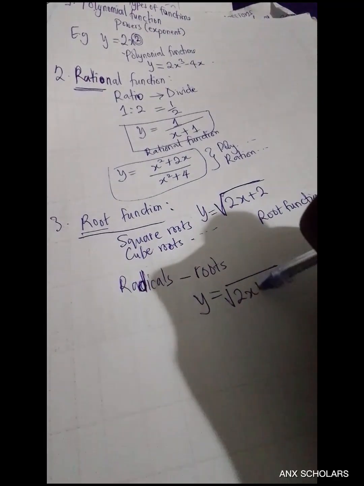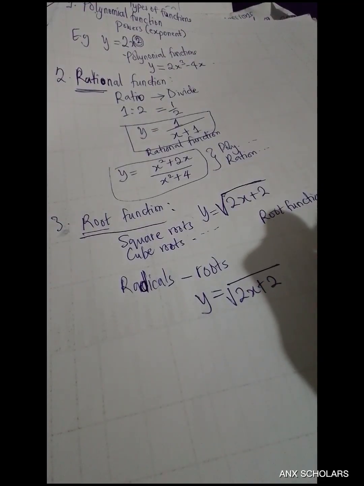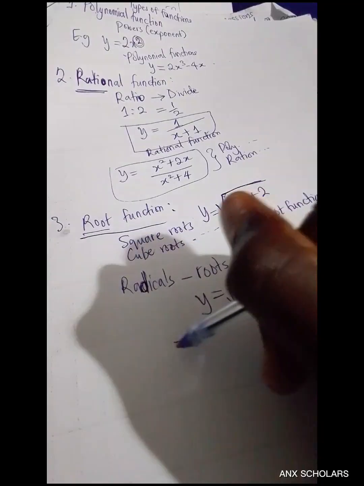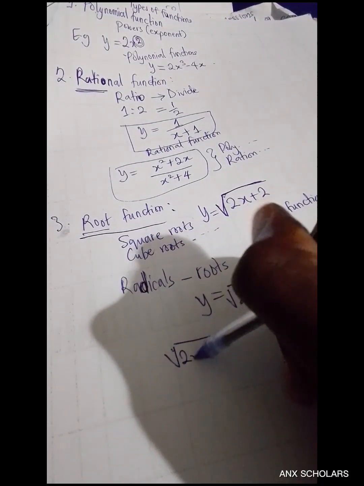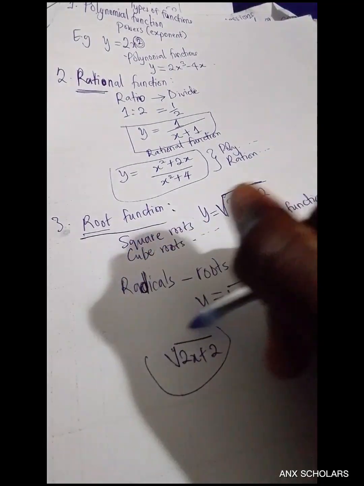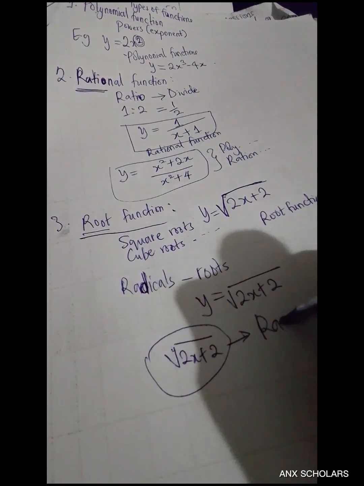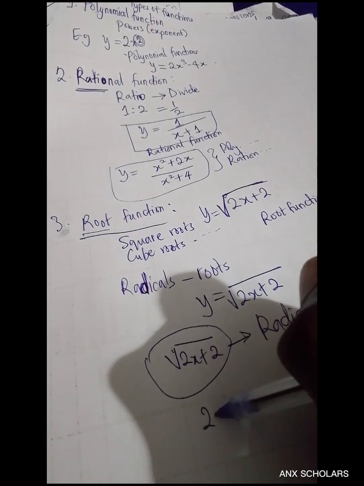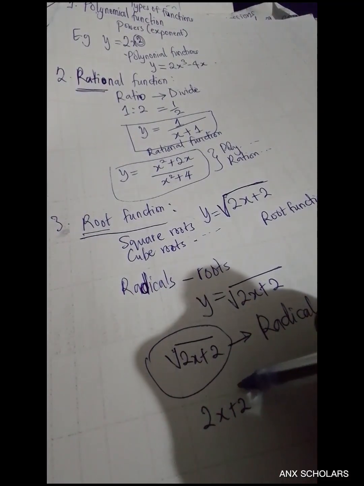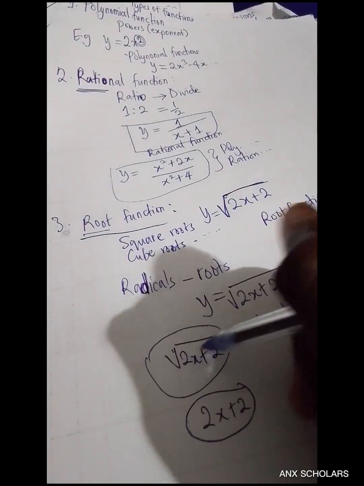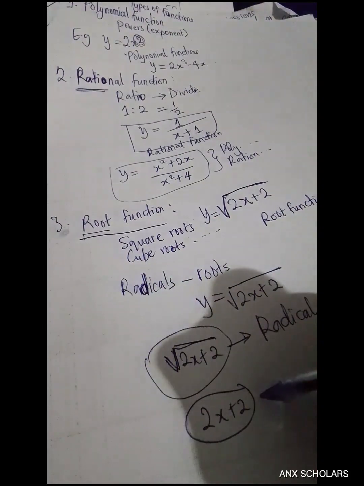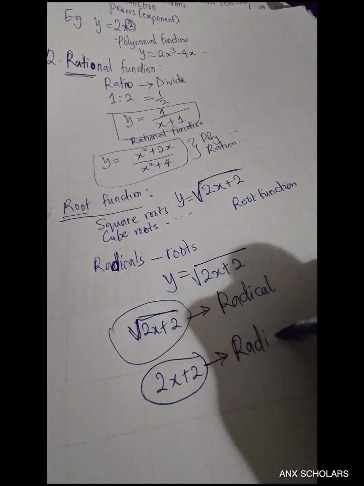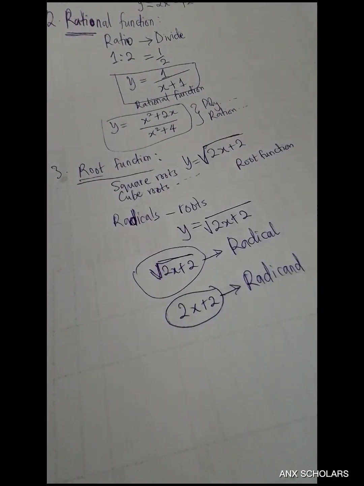If this is your function, this implies that this entire thing here is a radical, and that's the one inside this root, is the radicand. So you take note of those terms just in case.